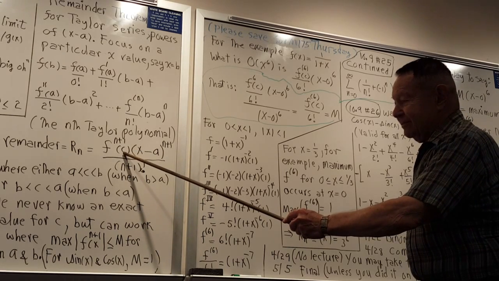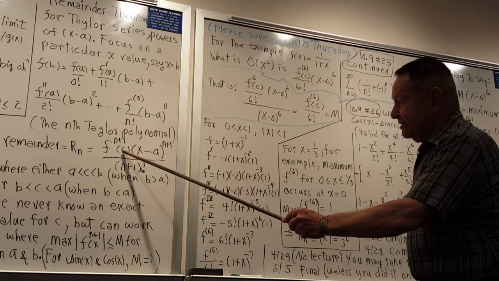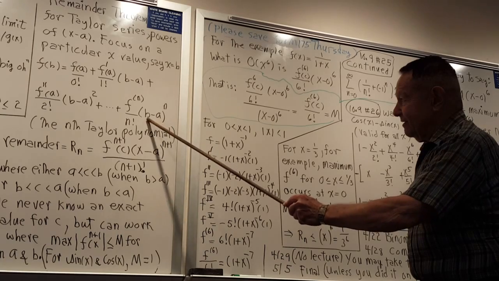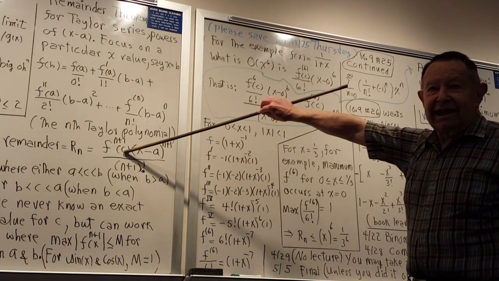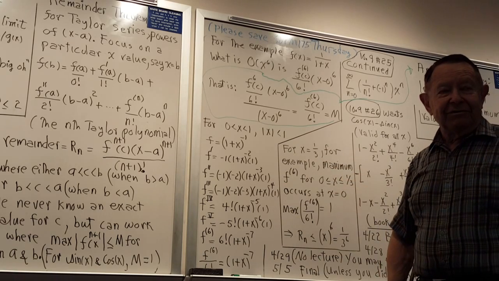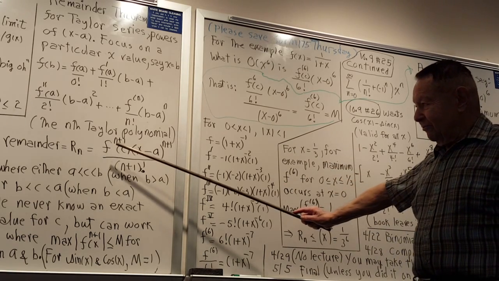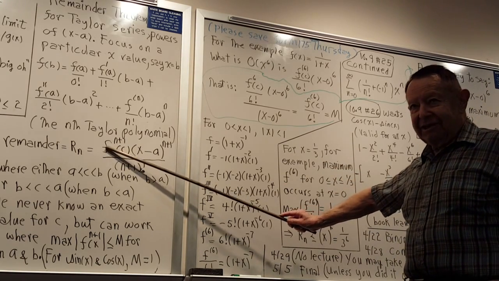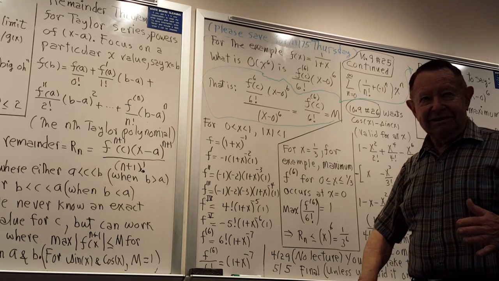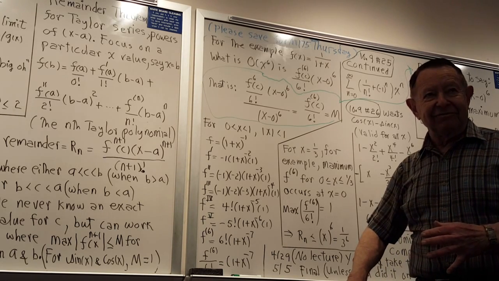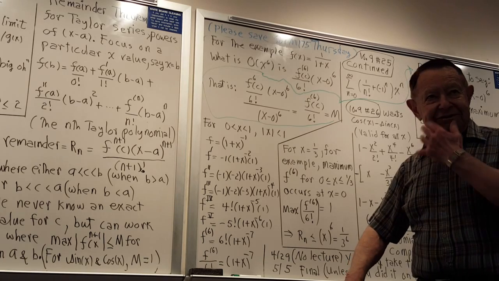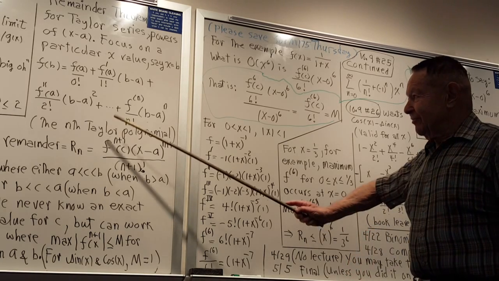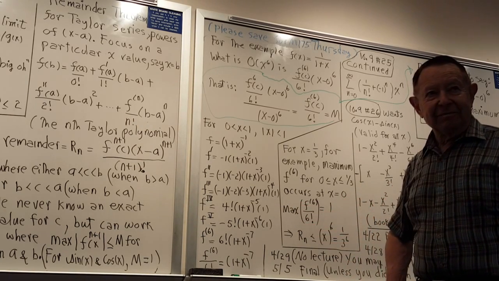You evaluate this next derivative at some point in between a and b, and unfortunately, you never know exactly where. If you could do that, then you could get an exact value here, and you'd be essentially getting something for nothing. You'd be getting what is an infinite series with just a finite number of terms.